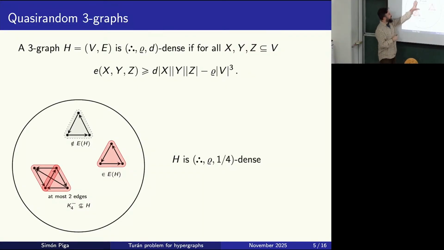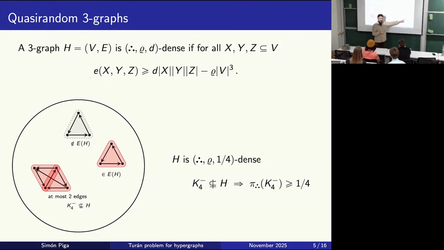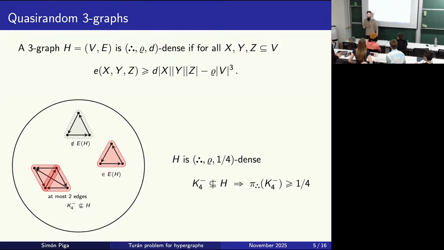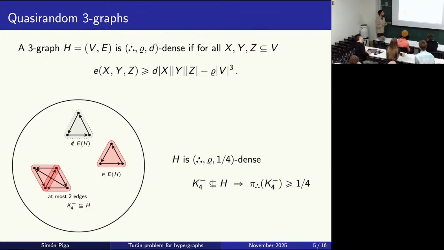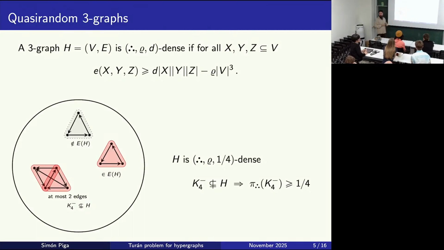So this construction with the random triangles does not contain any copy of K4 minus. Right? And this means that the Turán density for this quasi-randomness of K4 minus is at least 1/4 because of this example. And actually now it's proven that this value equals 1/4. So this construction is optimal for this kind of quasi-randomness.